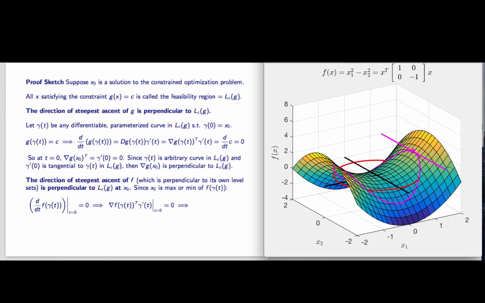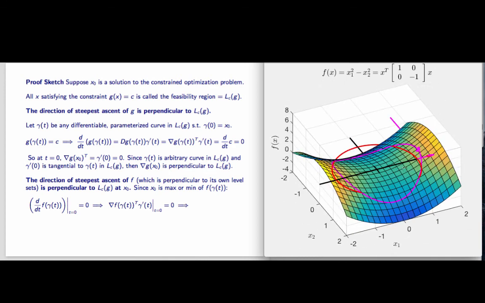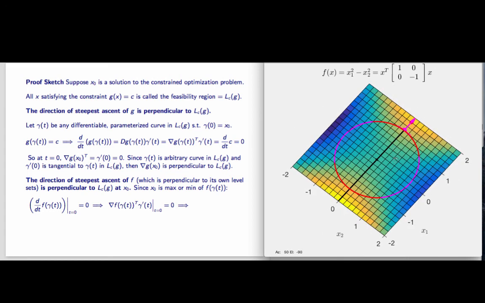So again, I get that the tangent, represented by gamma prime of t, but at t equals 0, is perpendicular to the direction of steepest ascent. You see the direction of steepest ascent for f is given by this magenta vector. And of course it's right on top of the red vector.